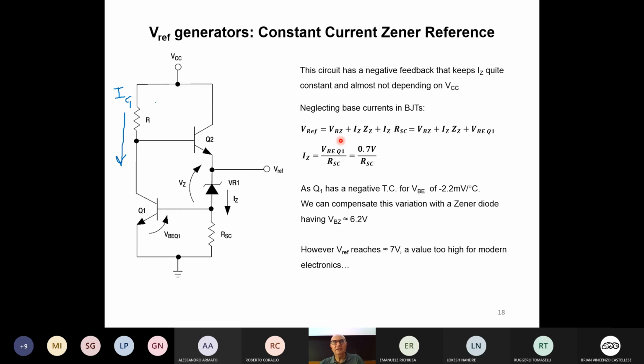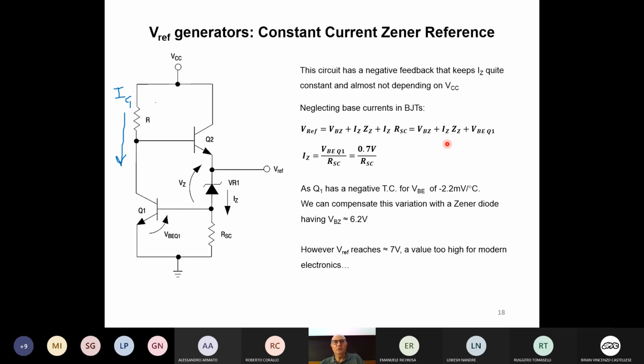So in this case, what happens is that if the temperature changes, there will be an increase of VZ, which is compensating the decrease of VB. And so the output will be stable. The term IZ·ZZ is stable because we have already stabilized IZ. So this is not going to change.